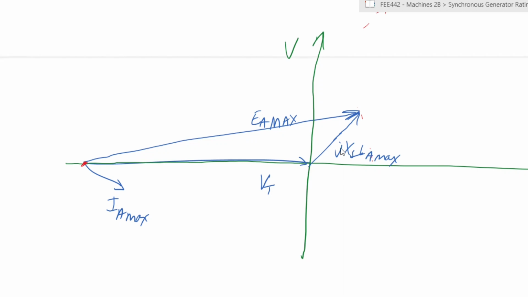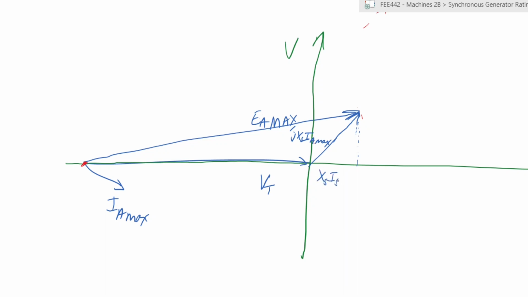And what we will understand here is that the phasor that we are having here can be broken down into its components looking like this, right?